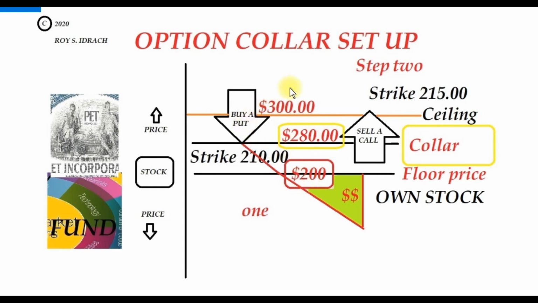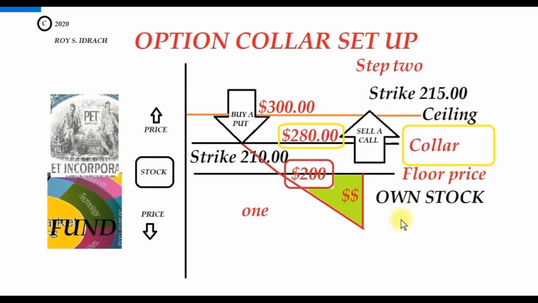And then of course your put is going to expire worthless because the price went up. But on the other side, if the price goes down, the $20 that you invested here is going to gain value, and it's going to offset the losses that you might have on the $200 stock on your floor price.